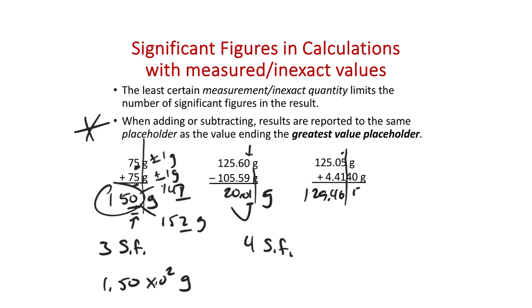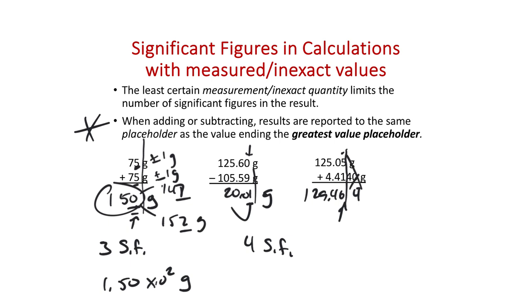My calculator says 129.464. I need to round to the hundredths placeholder because I have hundredths plus 10,000ths. It's like we lose that part of the precision. The extra 2 digits we got on that second measurement were unnecessary because we just lose them in the rounding anyways. When we see numbers like 25.05 and 4.1440, those just come from 2 different tools.